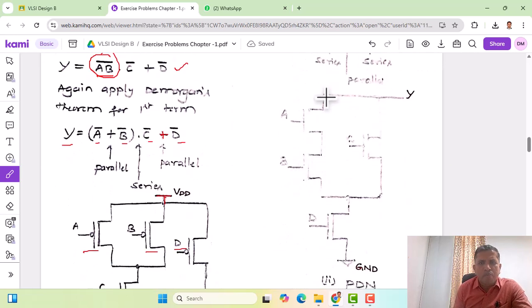The entire pull-down network is made up of NMOS transistors. So we have here A and B, which are in series.